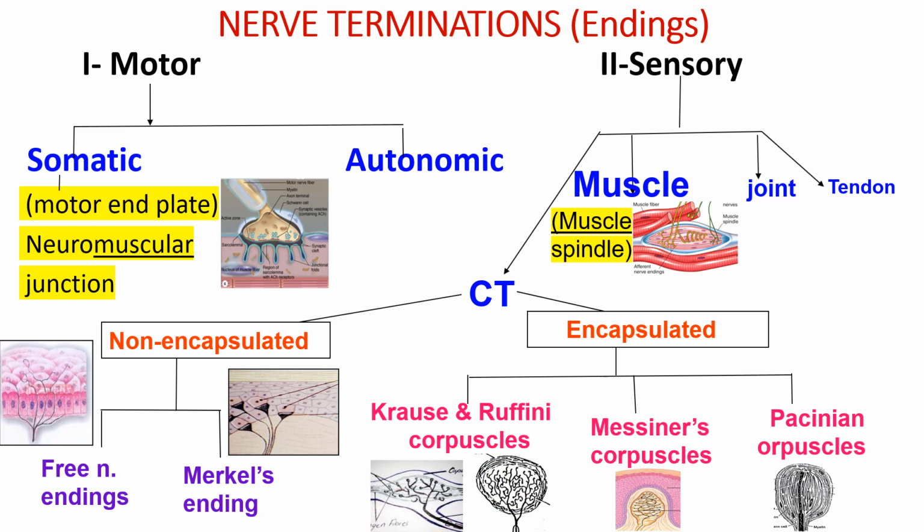Sensory endings in muscle are called muscle spindle. They are capsulated and found inside skeletal muscle fibers. So we have studied two types of ending in muscle, sensory ending and motor ending.